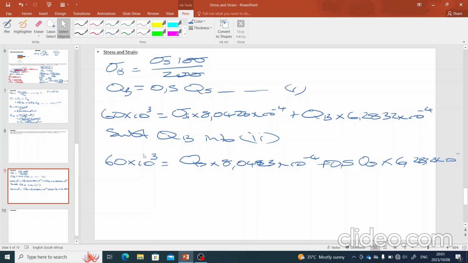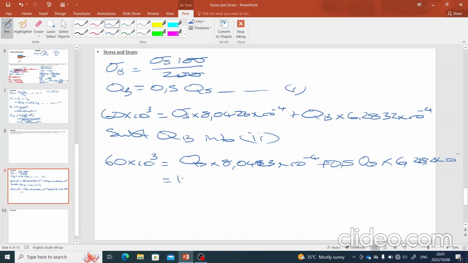That's what we have there. Then we get our answer by multiplying and adding the two. I've already worked it out. Please work it out as well.